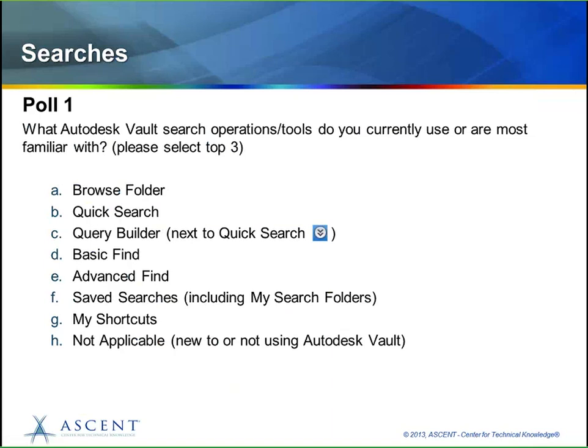And if you could, please select the top 3 that you tend to use. And of course, if you're not using Vault or new to it, you can just pick the H option, not applicable. Okay, great. I have opened that poll, so everyone should see the poll panel appearing on their screen. You've got 30 seconds left to answer, so please do and select your top 3 answers for this one.